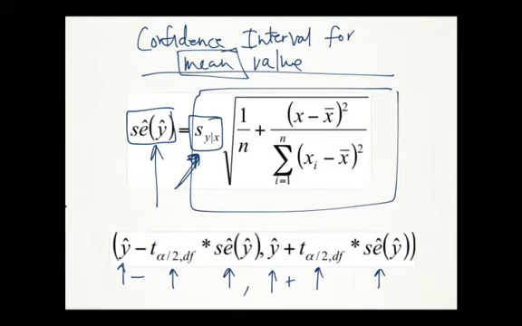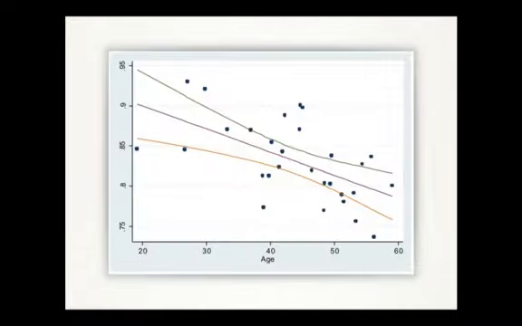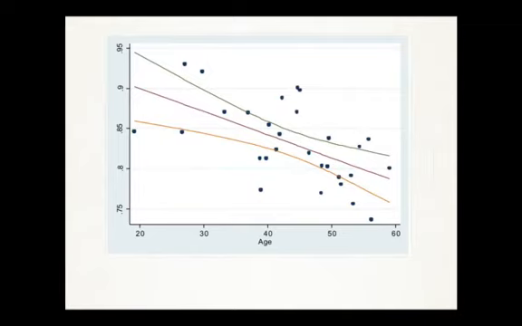So what does a picture look like? So let me get rid of this. Here. Okay, so the red represents our fitted regression equation, where the green and yellow or orange represent our confidence interval around that.